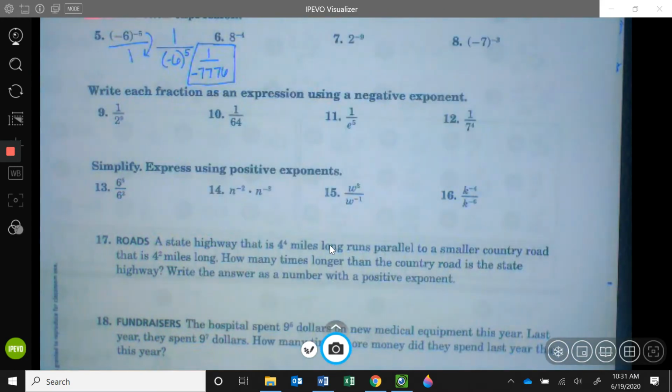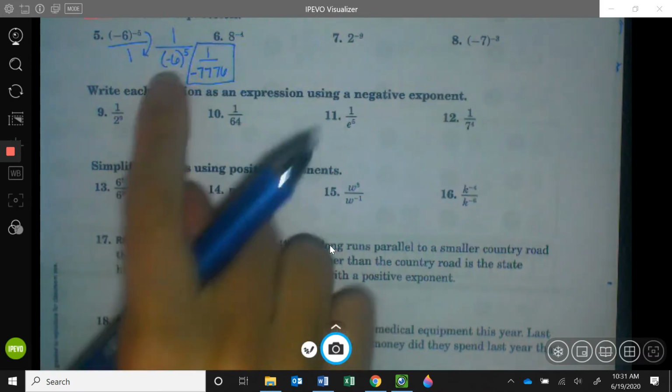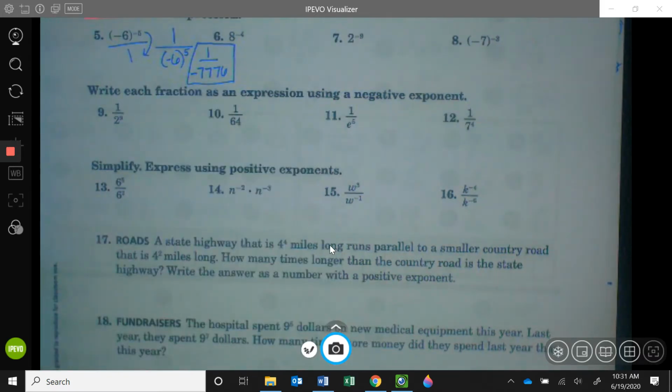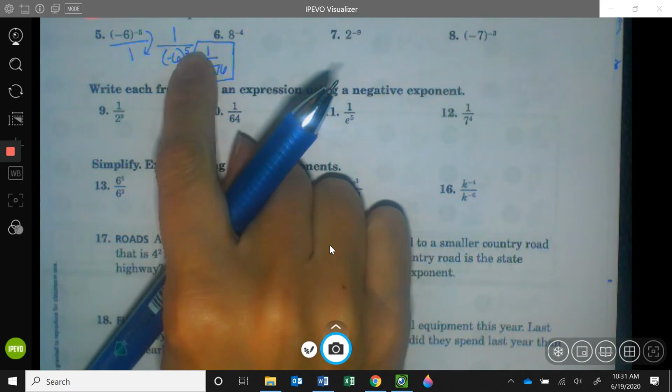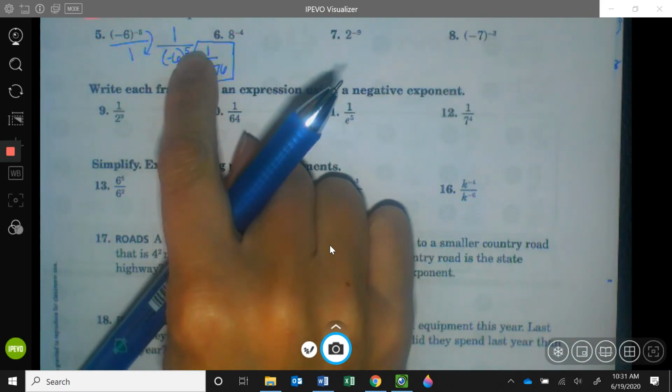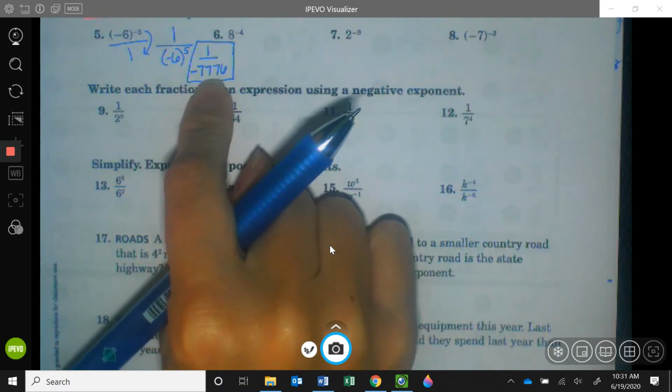And there's your final answer. Be very careful with that negative, all right? Now I put it in my calculator so it stayed there, but if you're doing it by hand, remember that if you have an odd number, so that 5 tells you you're going to have 5 negatives, an odd number of negatives stays negative, okay?